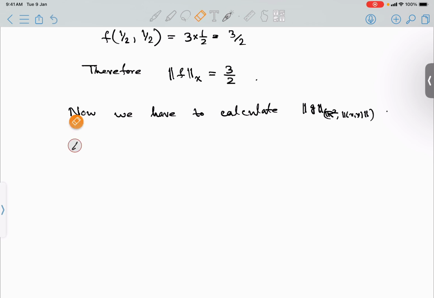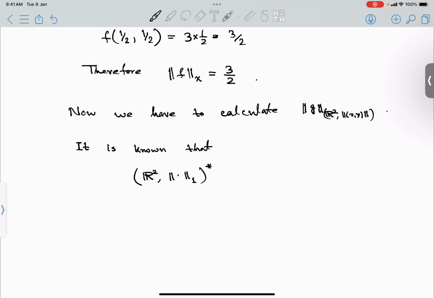It is known that the dual of R2 with the L infinity norm, meaning all linear functionals on this space, is isomorphic to R2 with the L1 norm, meaning all linear functionals on this space.